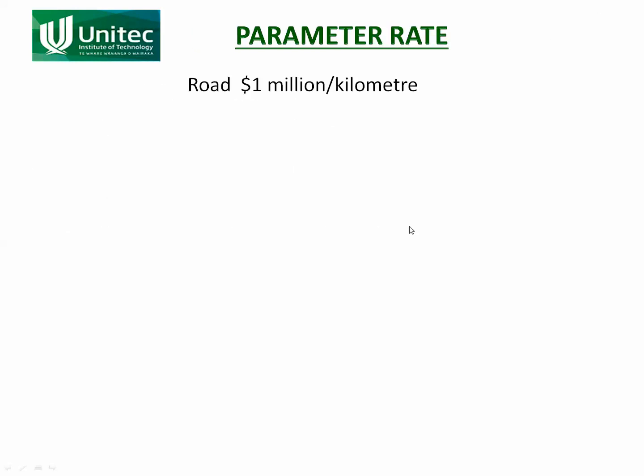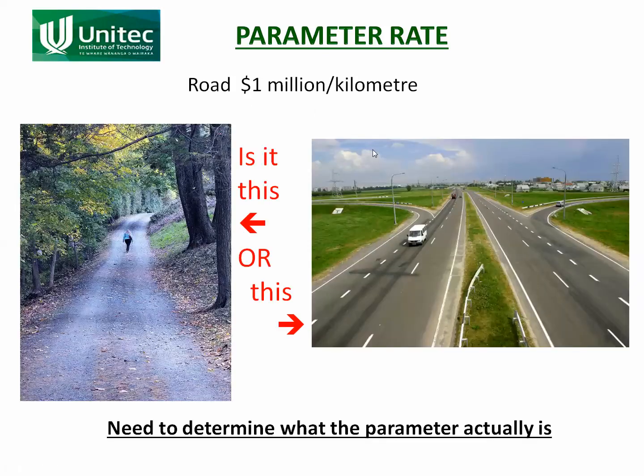Now, one thing about that parameter rate is it needs to be appropriate for what you're actually doing. So if you're building a 2-lane highway and you say, okay, well, a road costs $1 million per kilometre, does that mean that's $1 million a kilometre when it's just a little lane like this, or is it for a 4-lane highway?